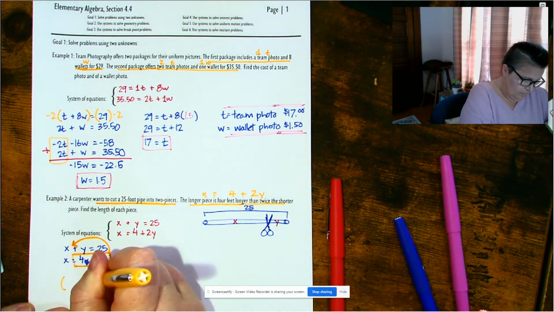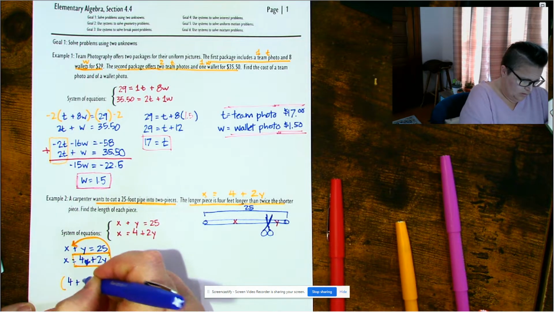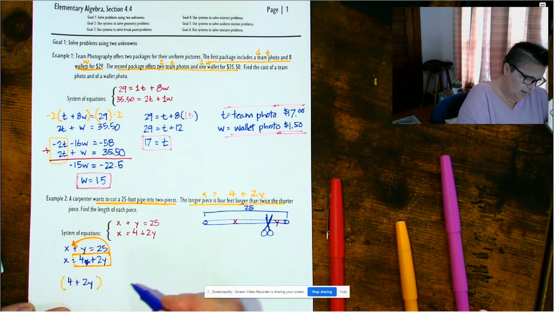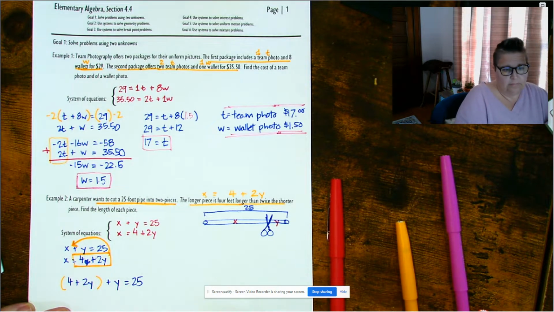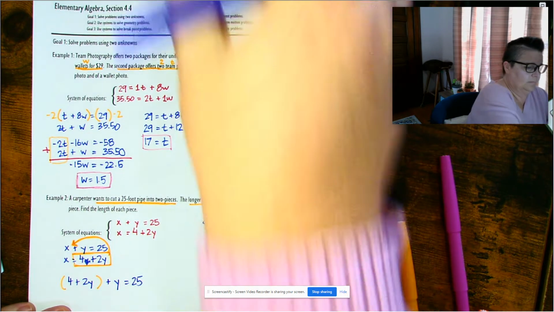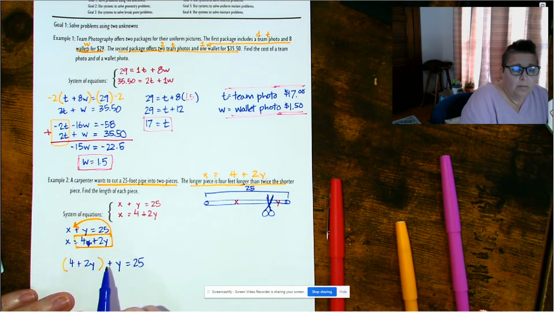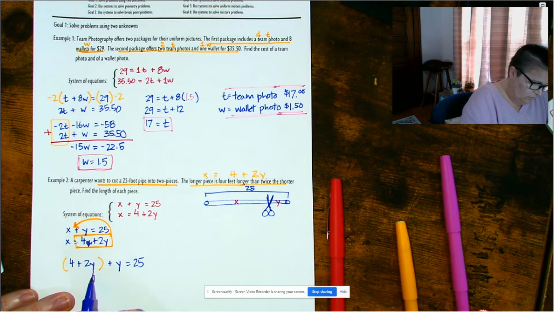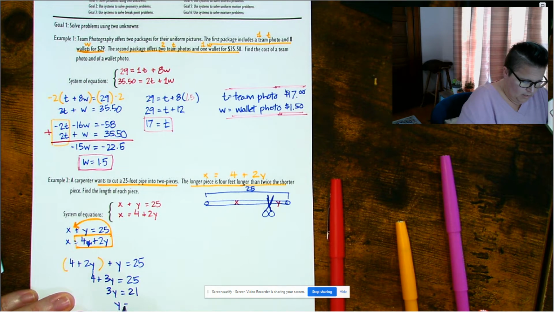So that's going to give me 4 plus 2y in for that x plus another y is equal to 25. So I will now have 4 plus 3y is equal to 25. 3y is 21, and y is equal to 7.